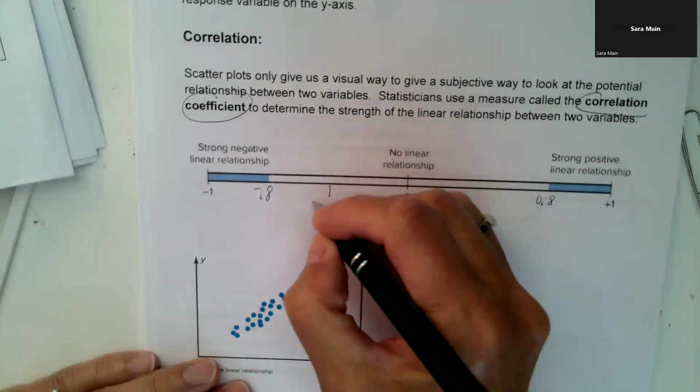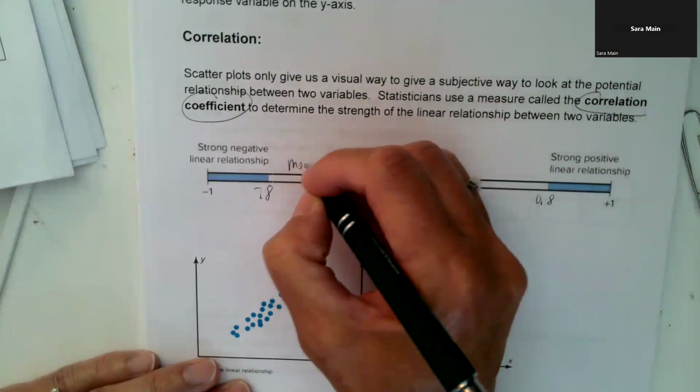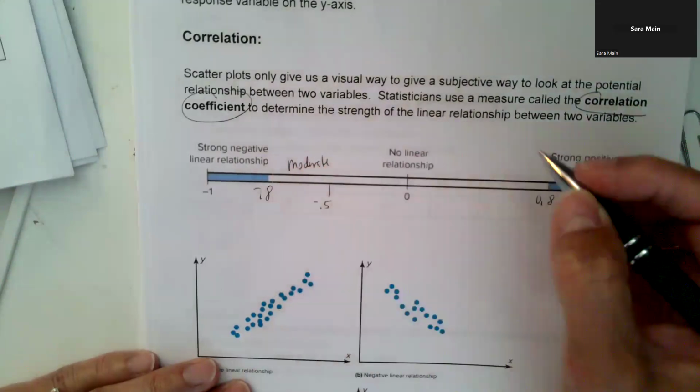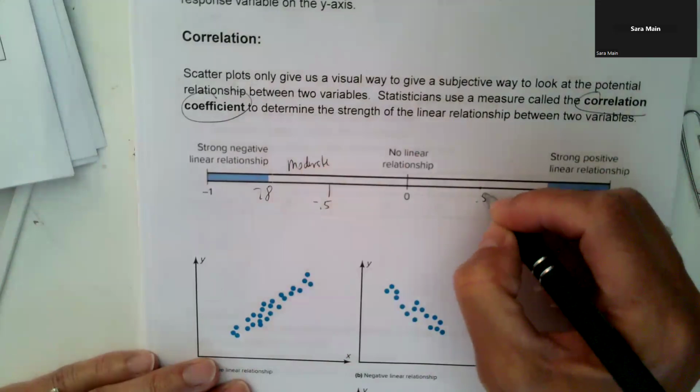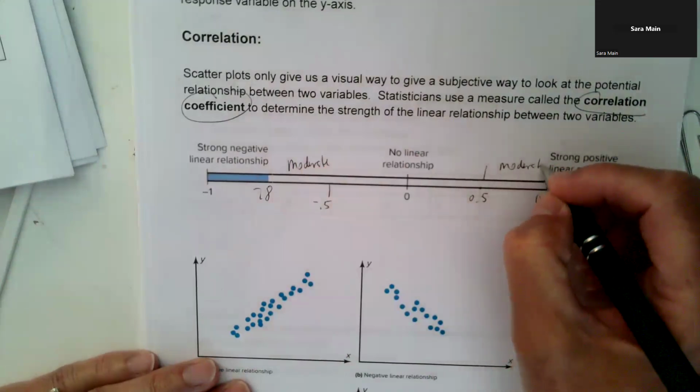And then we've got a negative 0.5 is going to be a moderate negative, and a moderate positive.